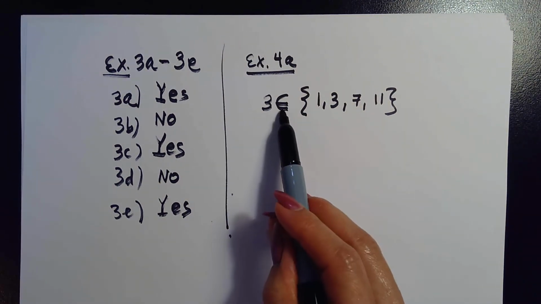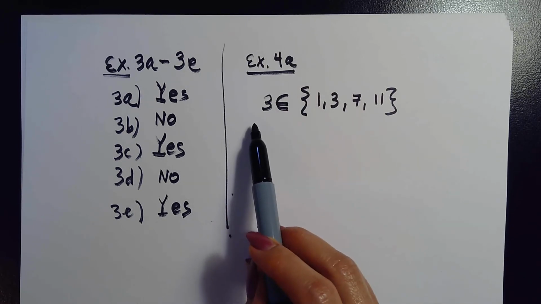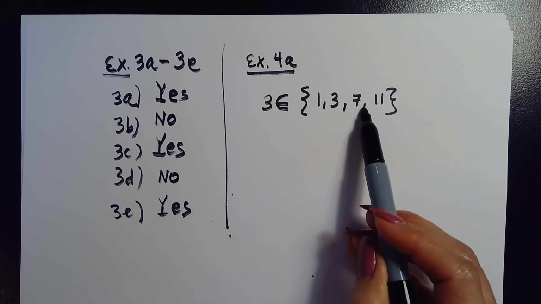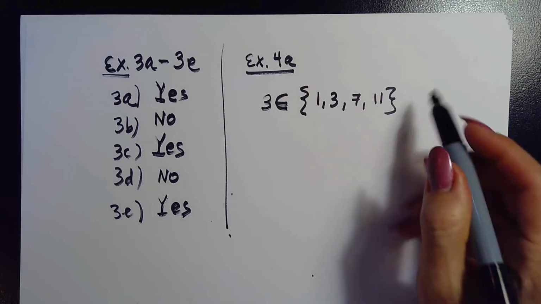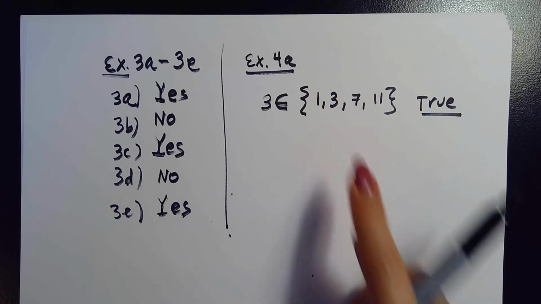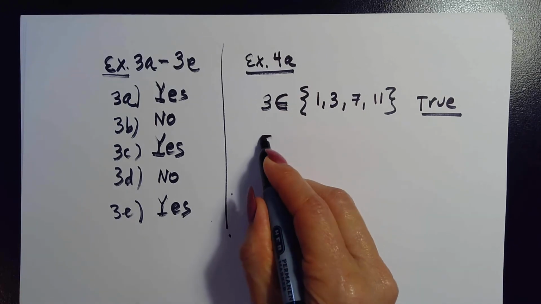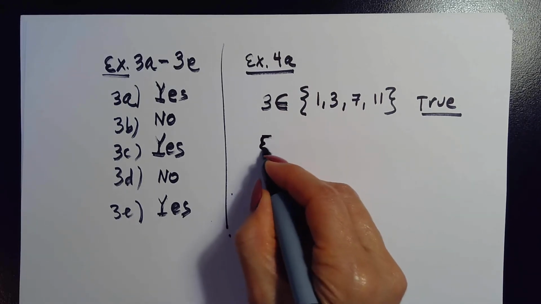You can think of this ∈ as an element of or belongs to. So you can read this as 3 belongs to this set, and you can see that this is true because the 3 is inside the set as one of the elements, right? So that is true for 4A. Now when you look at 4B, so let's look at 4B.